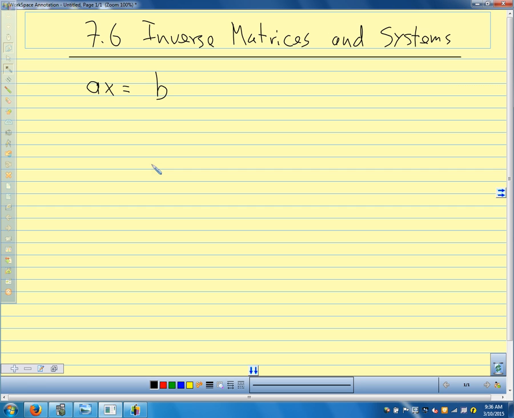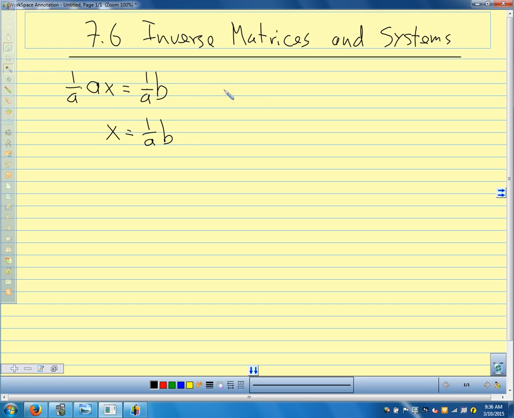Divide by A, right? And we can think of dividing by A as being the same thing as multiplying by 1 over A. So I'm going to multiply both sides by 1 over A. So we get X equals 1 over A times B. And dividing by A is the inverse operation of multiplying by A.